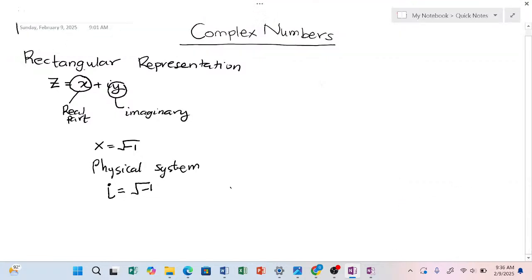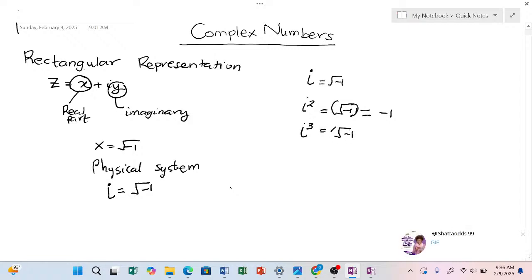All right, so if I have a complex number i, which we know is square root of -1, if I have i squared, we know that it's going to be square root of -1, everything squared, and that is equal to what? -1. If I have i to the power 3, that is i cubed, which is equal to square root of -1 squared times square root of -1.